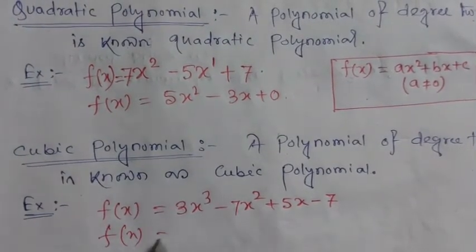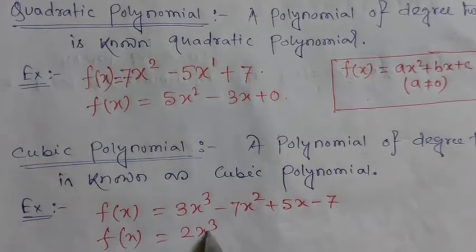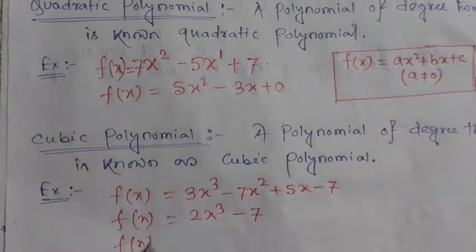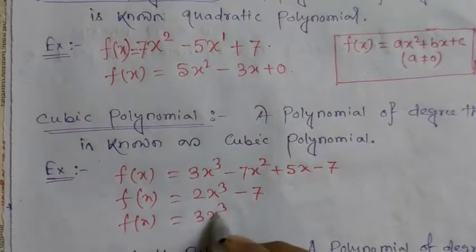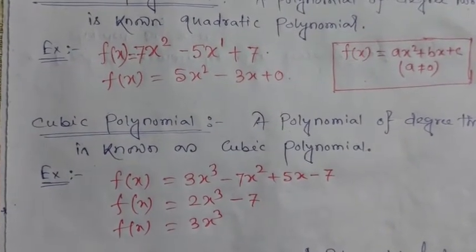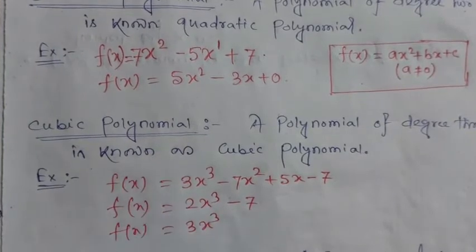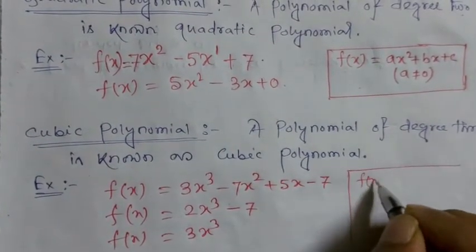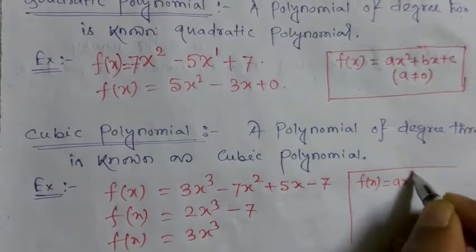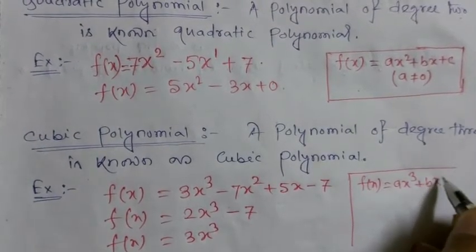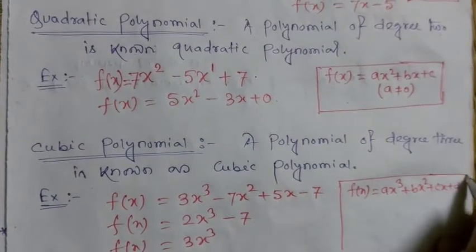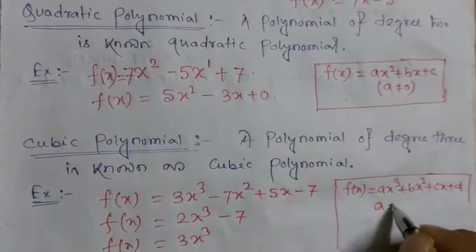Or you can write 2x³ − 7, or only 2x³, or f(x) = 3x³. These are all cubic polynomials. The general cubic polynomial f(x) can be represented as ax³ + bx² + cx + d, where a is not equal to 0.